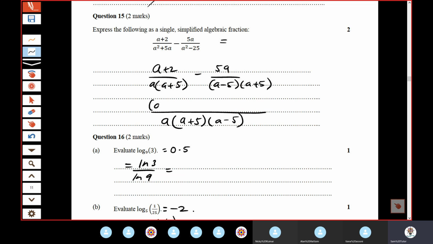And obviously you're missing a minus 5. You're missing an A. So just multiply it by that, and then pretty much finish it off. A squared take away 5A is going to give you negative 4A. Then minus plus 2 would be minus 3, minus 10.